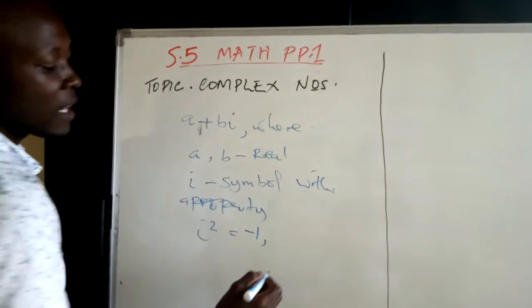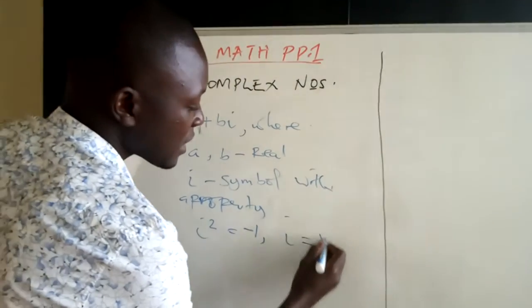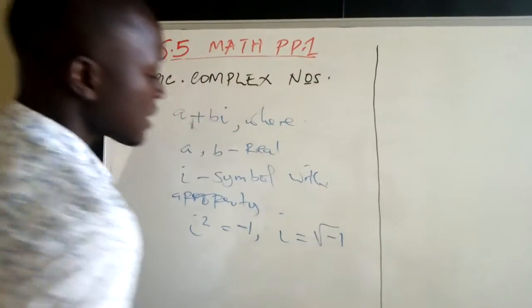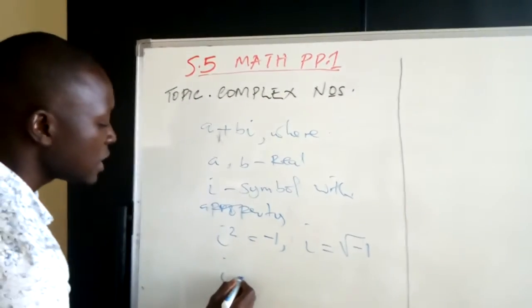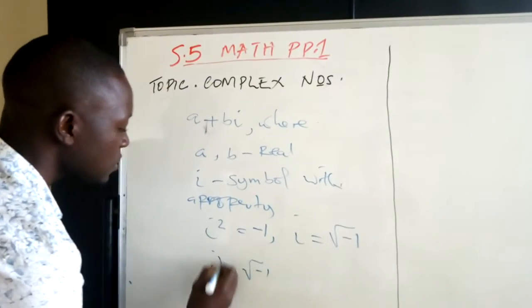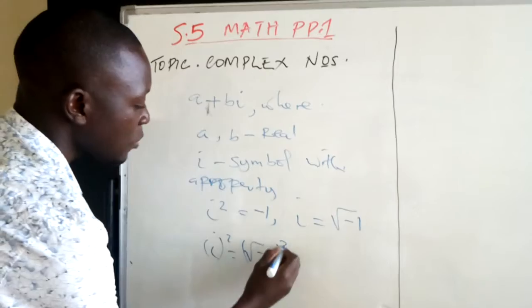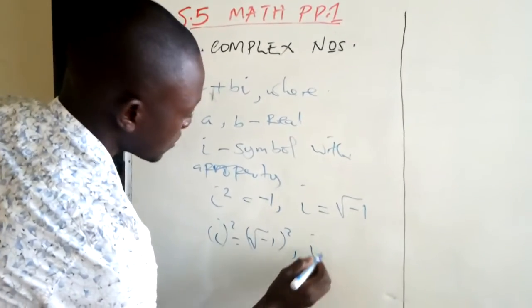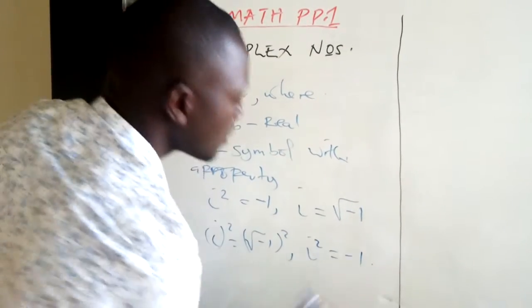In short, i is the same as the square root of -1. So if we take i being the square root of -1 and we square both sides, we end up with i squared being equal to -1.